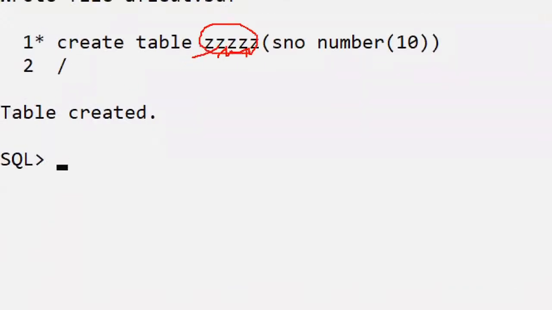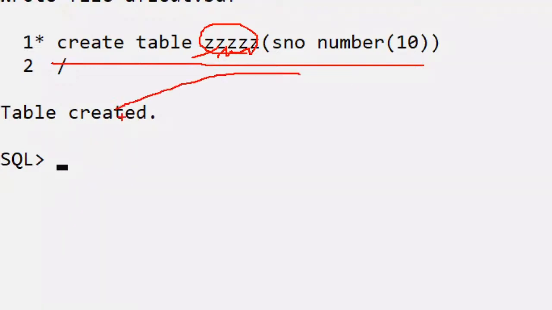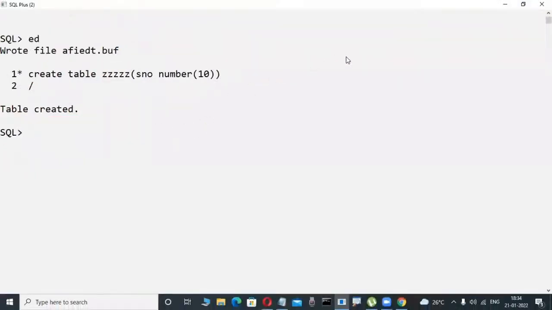Z is the name I am giving. The table I am creating is only in my Oracle database or SQL Server database or MySQL database. Okay, fine, the table is created. Slowly observe it here. This table is created.